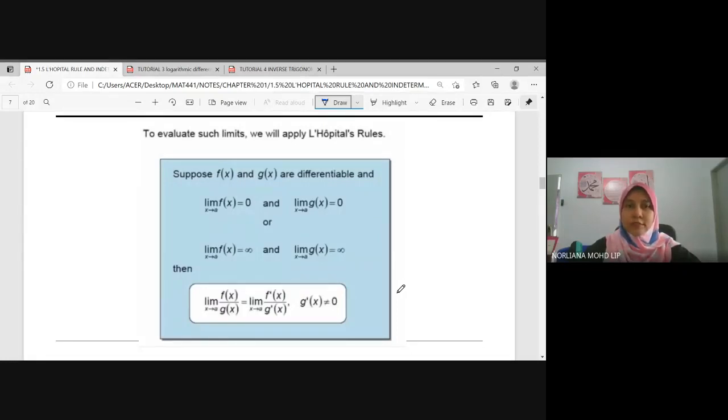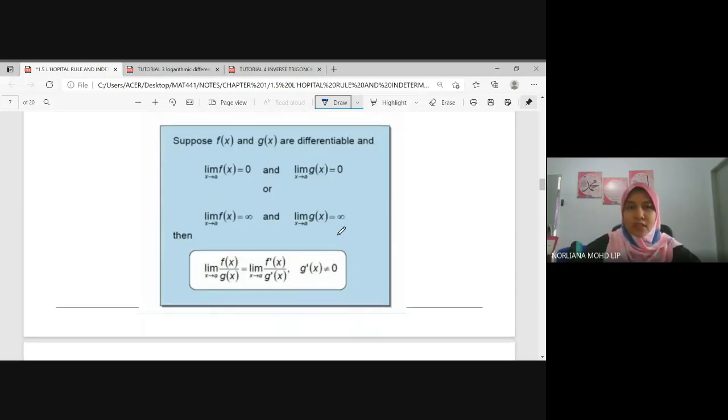Suppose f(x) and g(x) are differentiable functions, and the limit of f(x) as x approaches a equals 0 and the limit of g(x) as x approaches a also equals 0, or the limit of f(x) as x approaches a equals infinity and the limit of g(x) as x approaches a equals infinity.